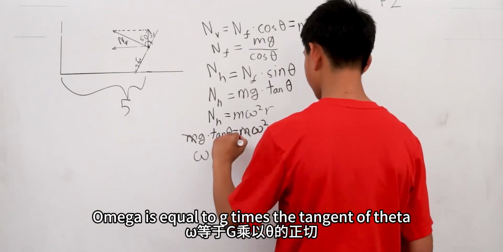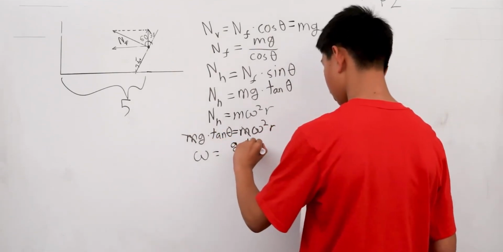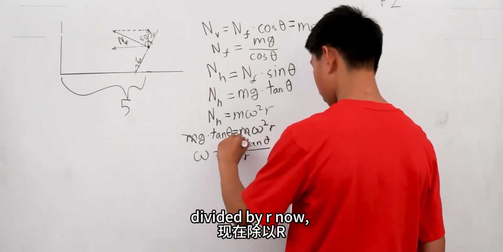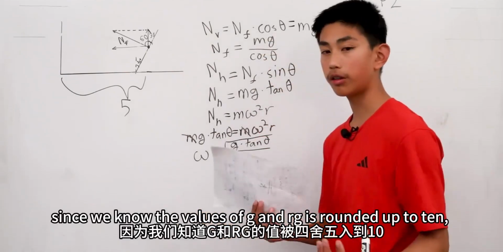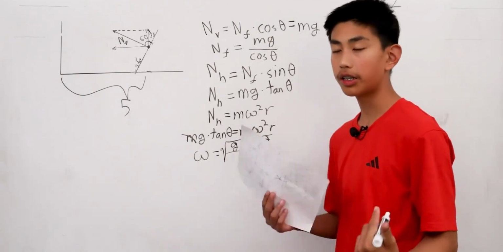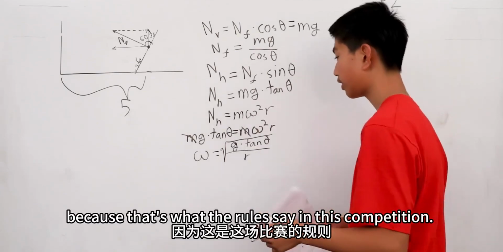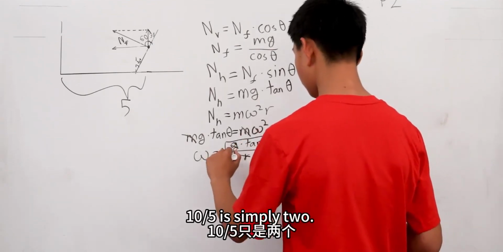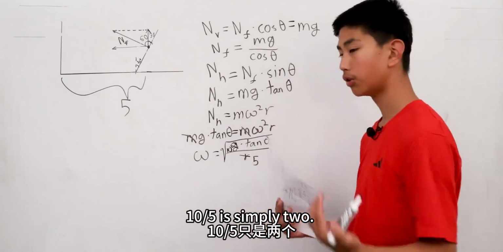the square root of g times the tangent of theta divided by r. Now, since we know the values of g and r, g is rounded up to 10 because that's what the rules say in this competition. 10 over 5 is simply 2.